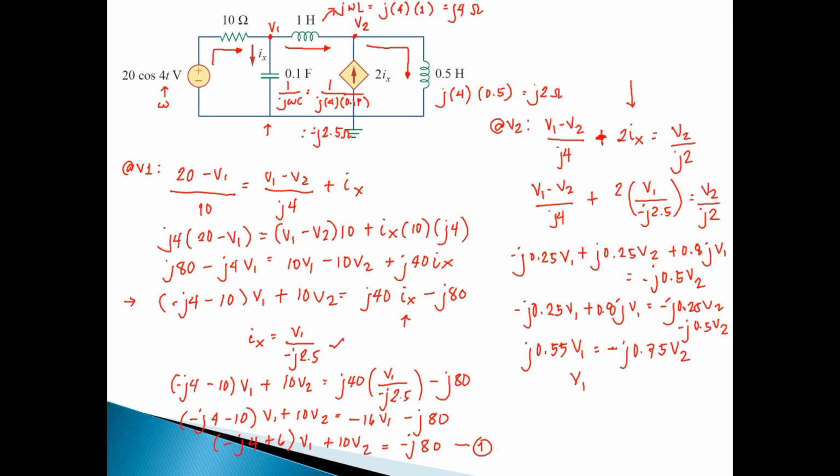Therefore, our value of V1 is equal to negative 0.75j divided by 0.55j. And that's equal to negative 15 over 11 V2. This will be our second equation.